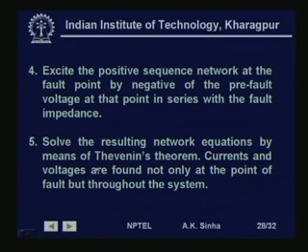So, once we find these changes, we add them to the pre-fault conditions, and then we know the voltages and currents at various points in the system. So, this is the algorithm that we use for solving the faulted system, that is, analyzing the system under fault conditions.